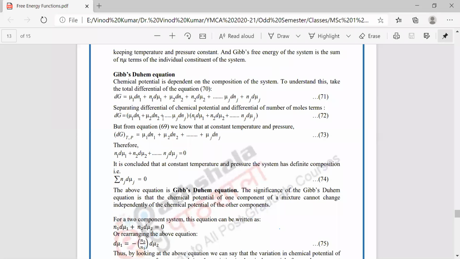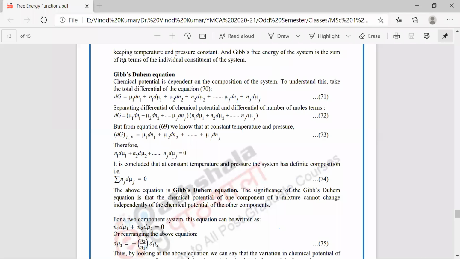And all these terms n1, n2, n3, nj are constant. So if dG is defined like that, what does it mean? If its value is equal to dG, then it means that the other components present in the second bracket definitely have to vanish. So their value should be 0.